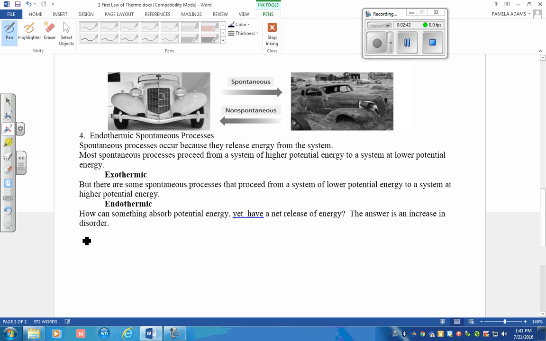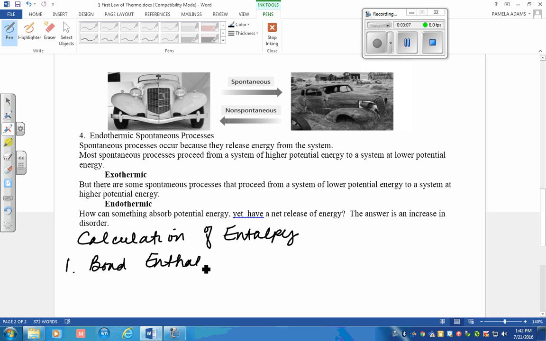I'd like to say a few words about the calculation of enthalpy. We in chapter 5 went over many different ways to calculate enthalpy. Let's review them quickly. The bond energy of a reaction can help you figure out the enthalpy of the reaction.